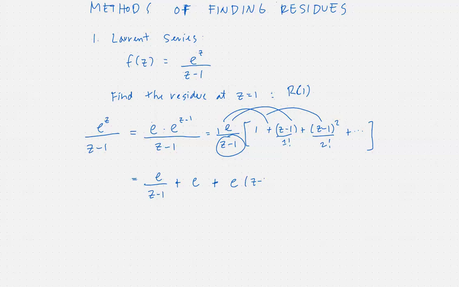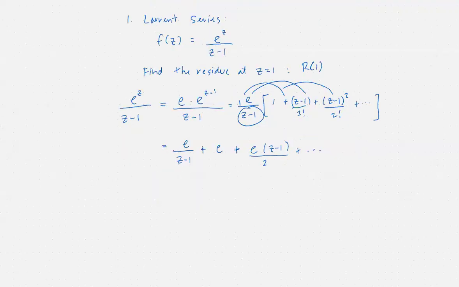Now if we multiply the third term, the power of z minus 1 will just increase, right? So that means we no longer have any z minus 1 with negative powers. Now looking at here, remember the definition of our residue. It is the coefficient, or the constant, multiplying the z minus z naught raised to the negative 1 power.